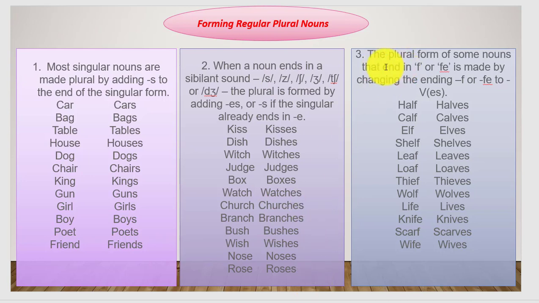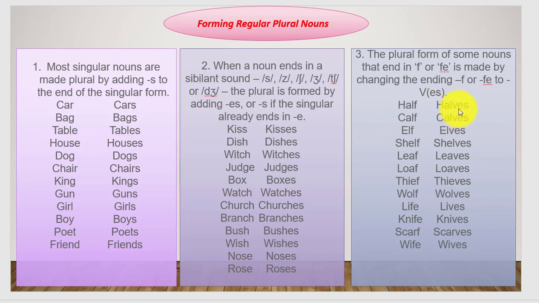The next category of noun, let us see what rule is working over here. The plural form of some nouns that end in f or fe is made by changing the ending f or fe to v, and then we add es to that v, which replaces f or fe, to get the plural. So you can see half, you pronounce it as half.